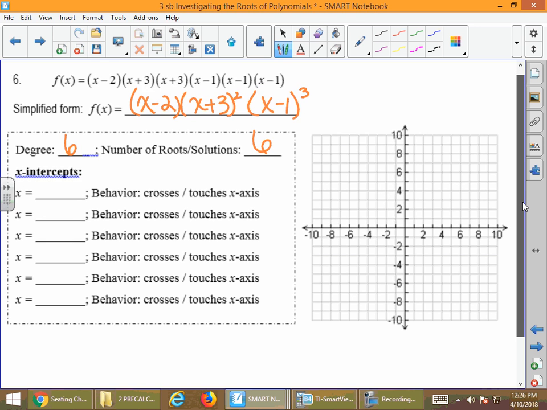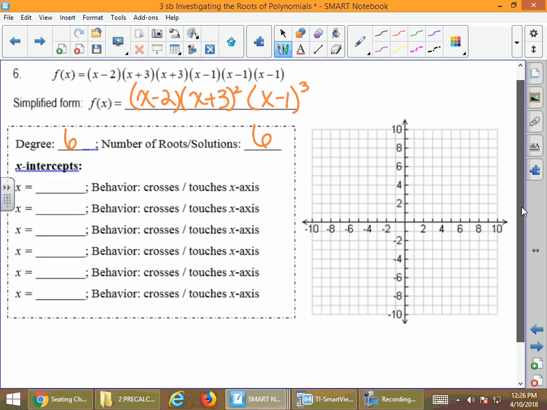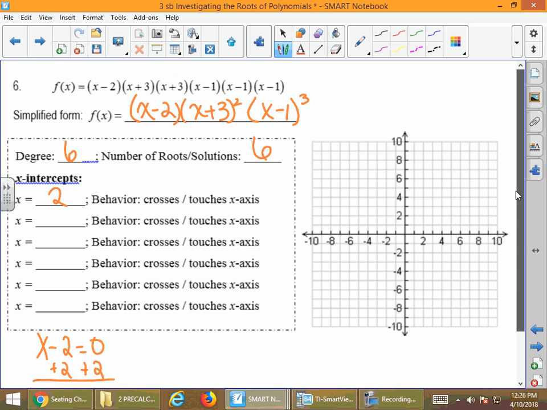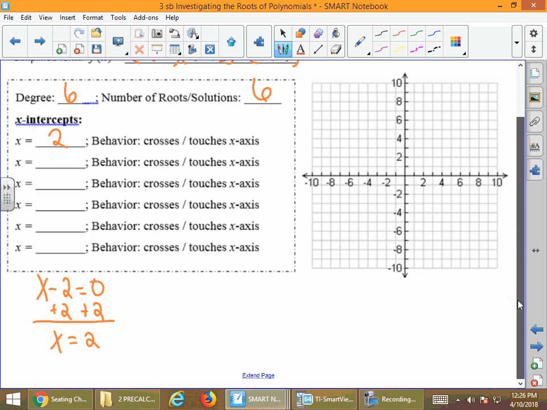The roots come from each of those parentheses. See, x minus 2 equals 0. And we can add 2 to both sides. So we get x equals 2. I'm not going to write this down 6 times, but the next different root is the x plus 3 equals 0.